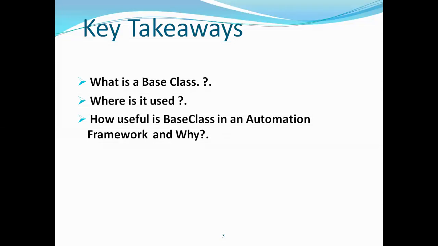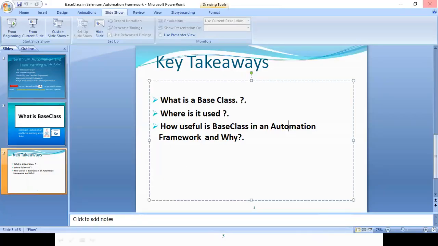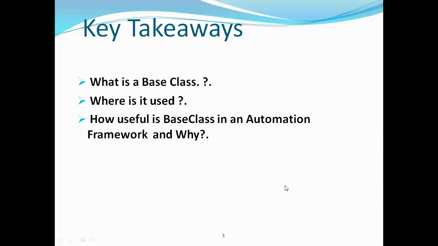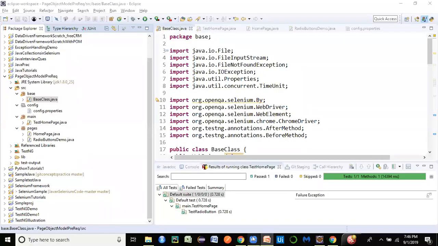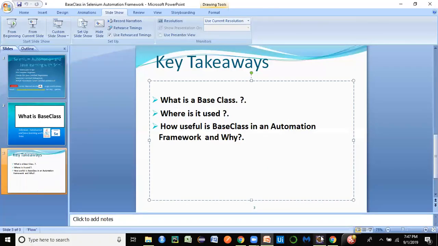And why is it so useful? Because you can have the driver session also maintained. Whenever you want to navigate from one page to another, often we see that there will be some kind of sync issues, because we might get some exception like a null pointer exception with respect to the driver. But this base class solves that issue also.